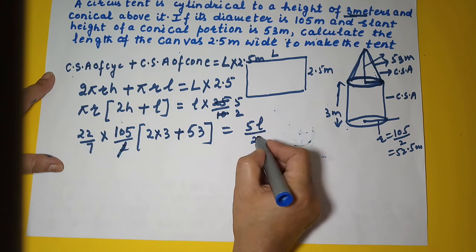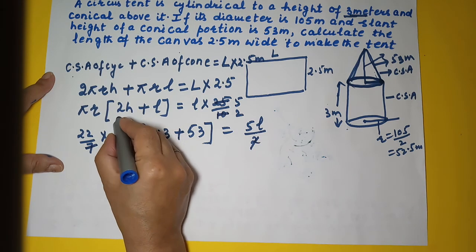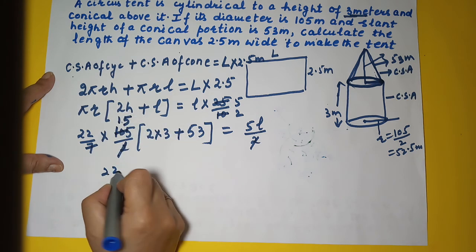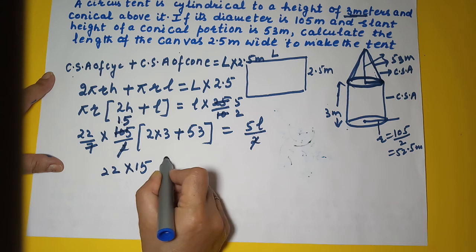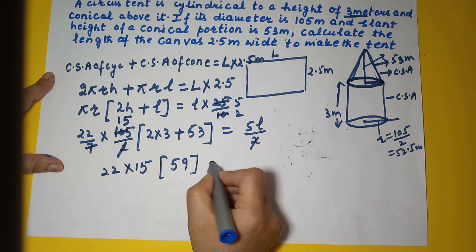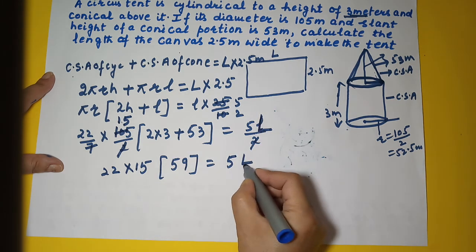Now this 2 and this 2 will go. 7 1s are 7, 7 5s are 35. So you have 22 into 15 into 6 plus 53 is 59, equal to 5L, length of the cloth.